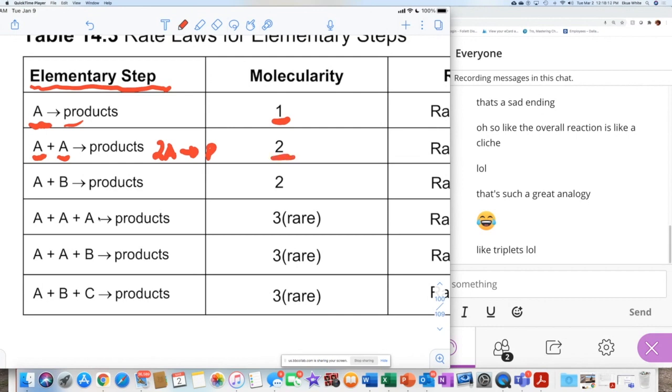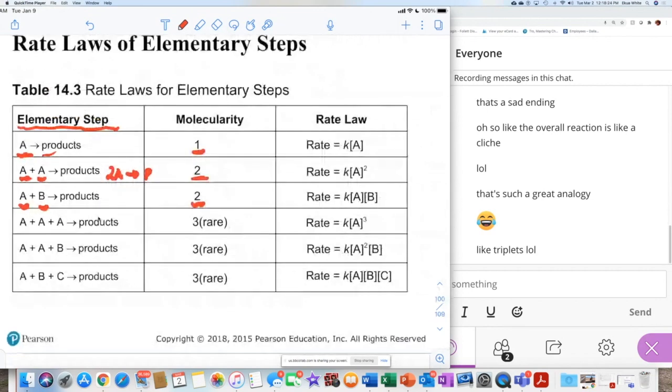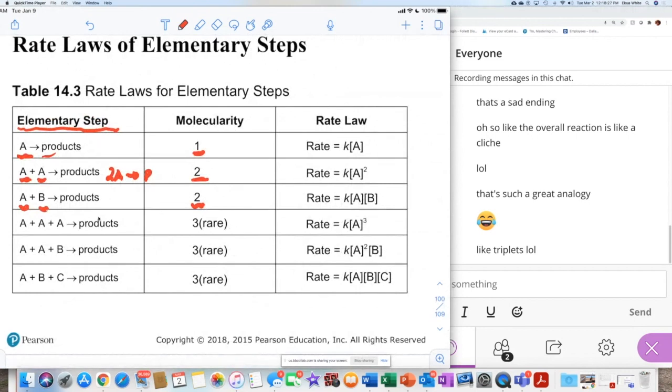That is the molecularity of 2 because it does require two reactants to collide with each other. Here you have two but different reactants. It is still bimolecular. The first one is also called unimolecular, and then the second one is called bimolecular, then of course termolecular.